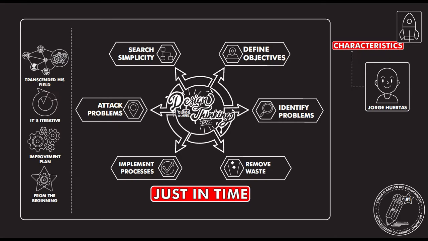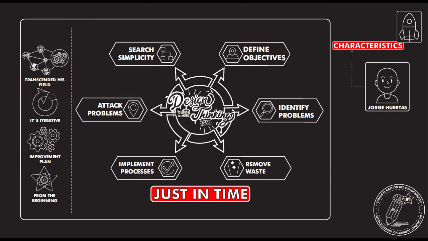And of course, remove waste as much as we can. It's extremely important to keep in mind what's going on. If we produce less waste, it will be better for the environment. So these are the main purposes of the just-in-time philosophy.